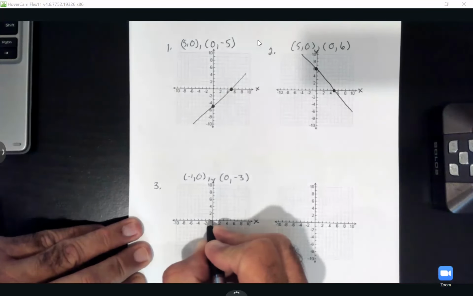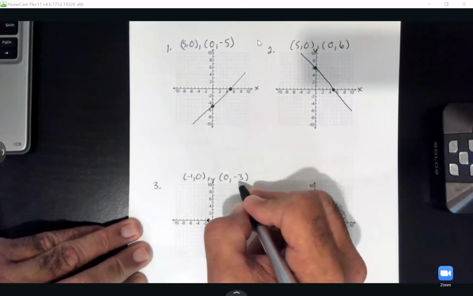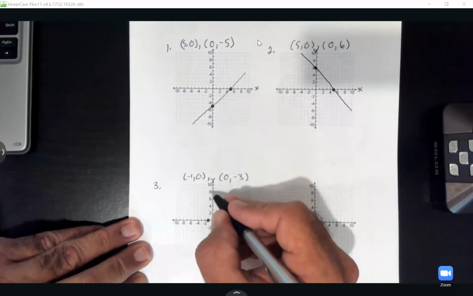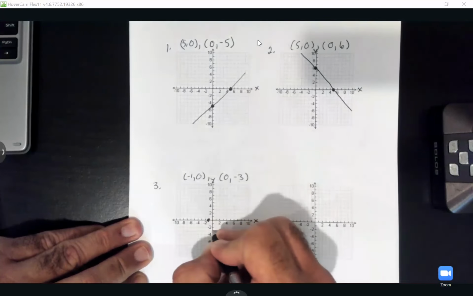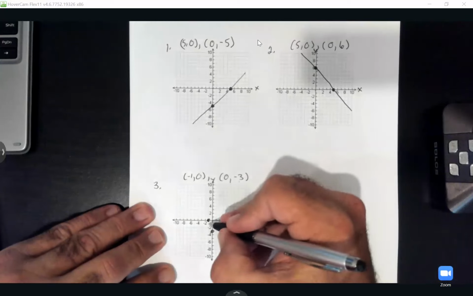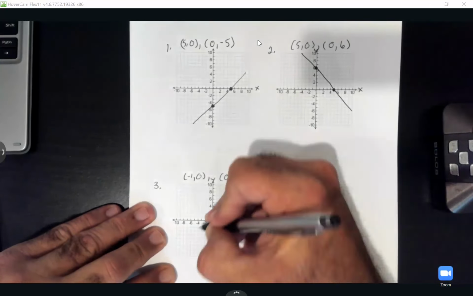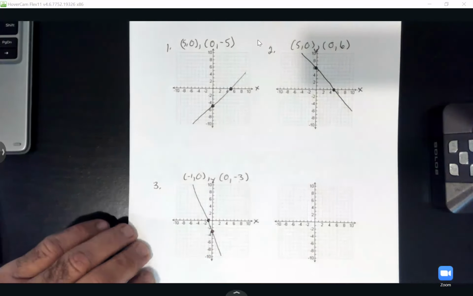So you go left over here to -1, put your first dot. Then the y-intercept is 0, -3. So starting in the middle at 0, go down to -3. All right, y'all, we now have 2 points. So we're going to draw the line through them 2 points.